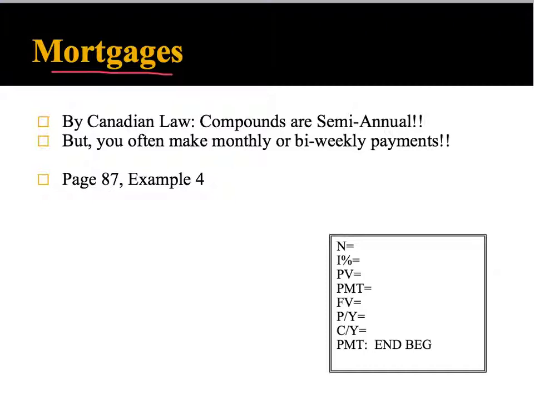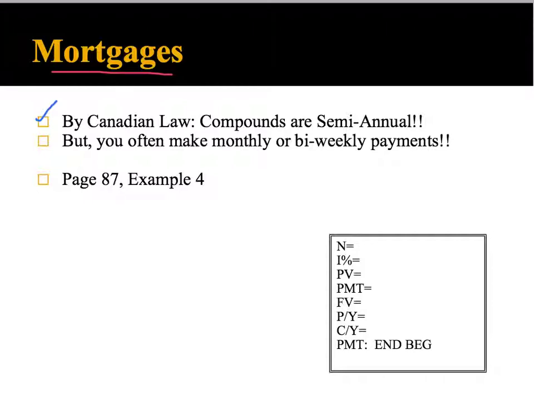Kind of sucks. Now, by Canadian law, this is actually in the law, compounds must be semi-annual. This is to avoid the fact that banks would lend people hundreds of thousands of dollars and say, oh, it's only 6%. And then in the fine print, it would be compounded daily or something like that.